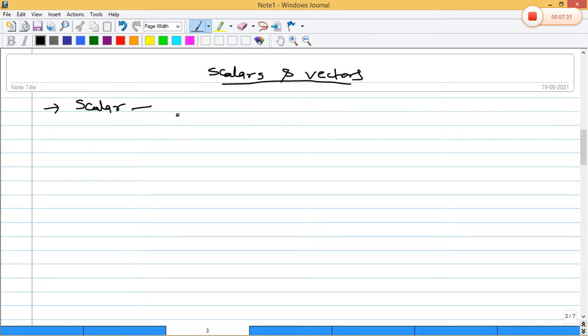A scalar is a quantity that has only magnitude.